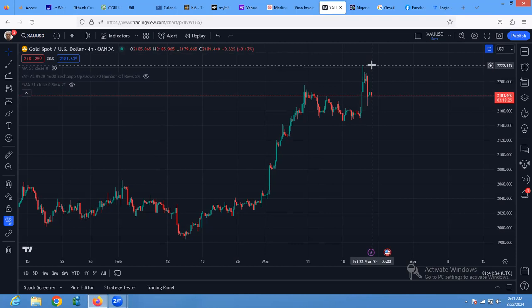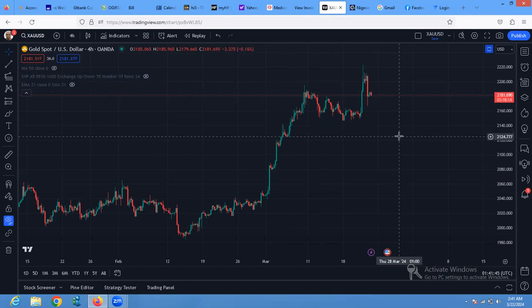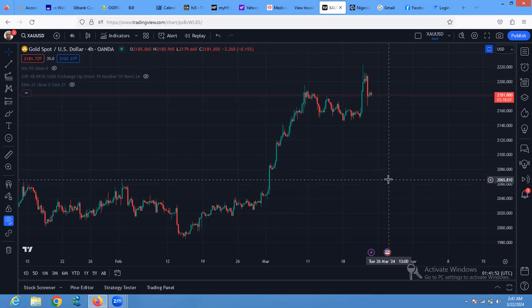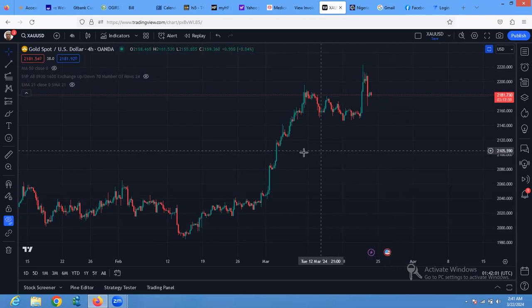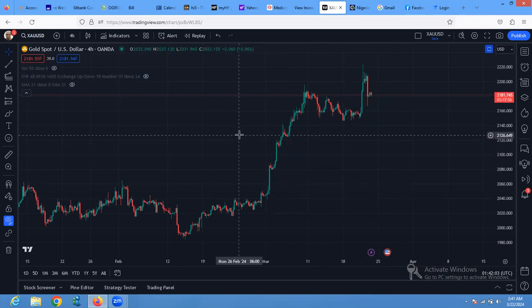But for now, I believe this is the first move to the downside of a 1 of the correction, or let's say an A, and this will be going up as a B for us to fall again. We might be having a more complex correction to eat around this area. So I see price coming down to around the 2000 level, around that area. So we need to see that 2060, 2020 level.